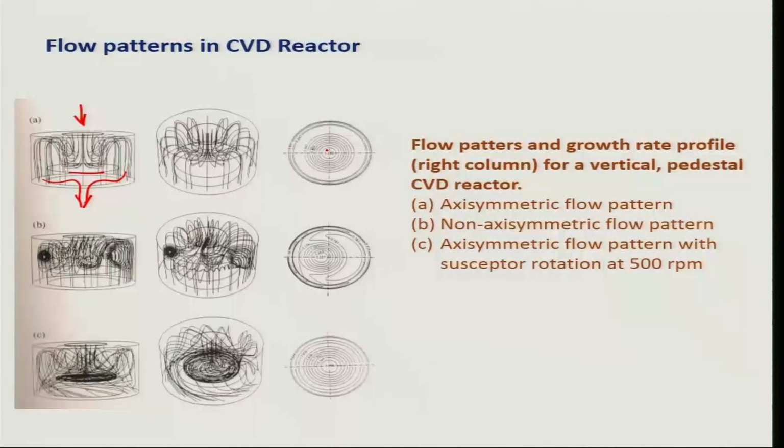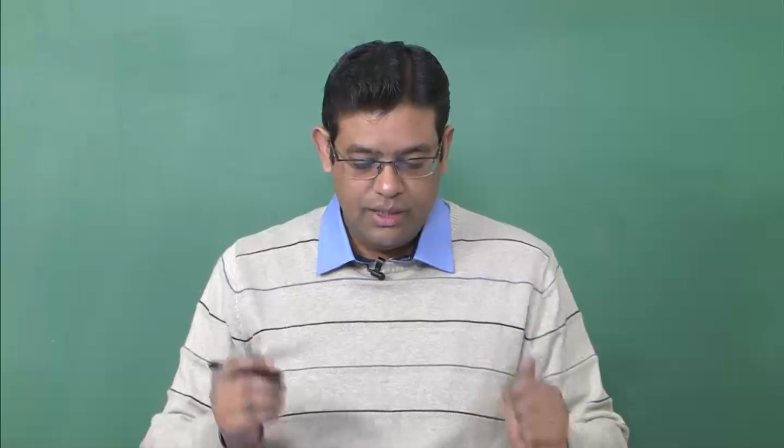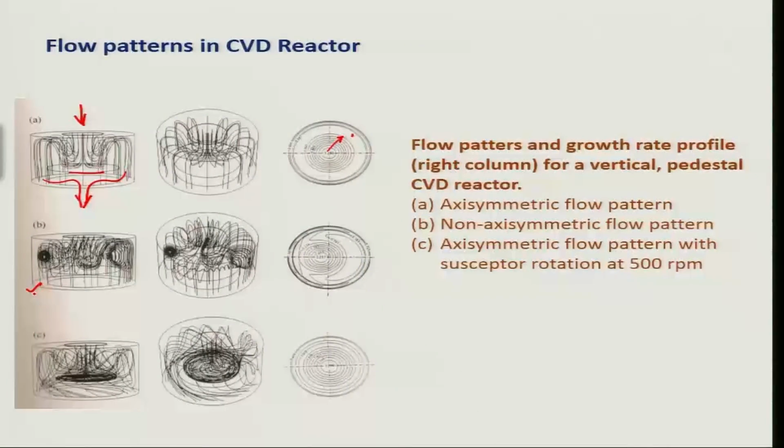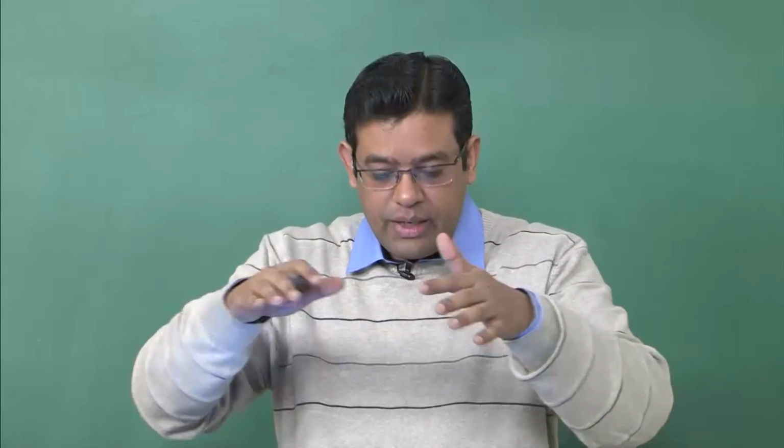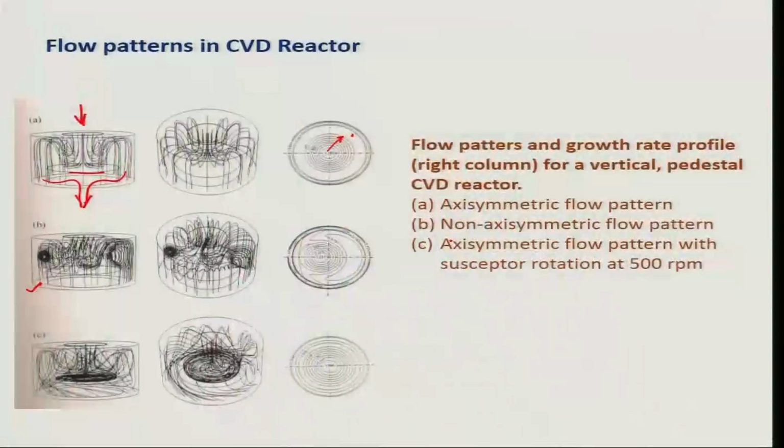You see that to a large extent there is some uniformity, but there is no deposition here, because once the gases come in they bounce off the substrate and then they go axially. This is a case where your vacuum pump is on one side. So, the gases are coming straight down, but their flow is non-symmetric, okay, and you get a non-symmetric deposition profile.